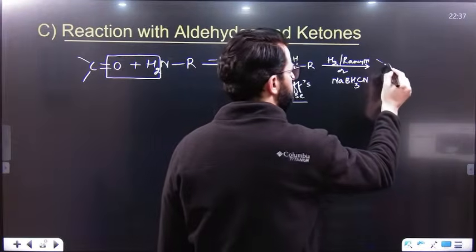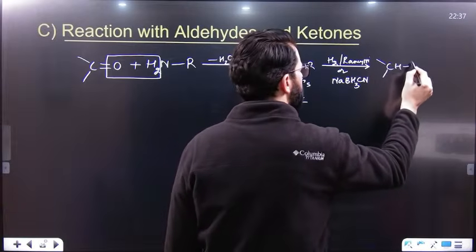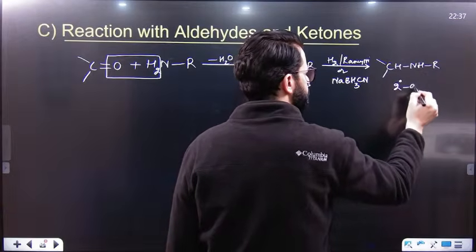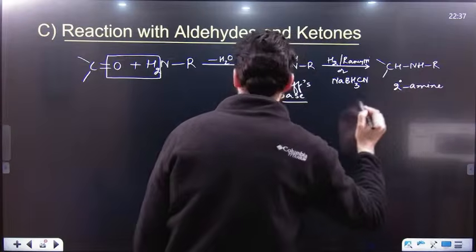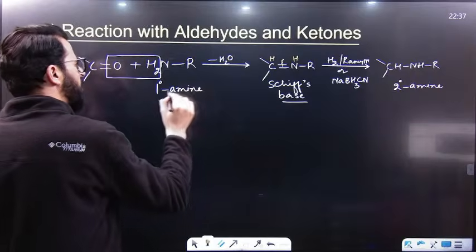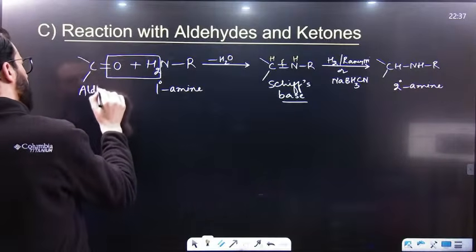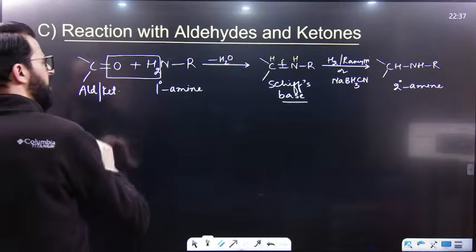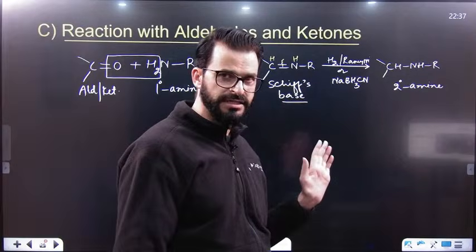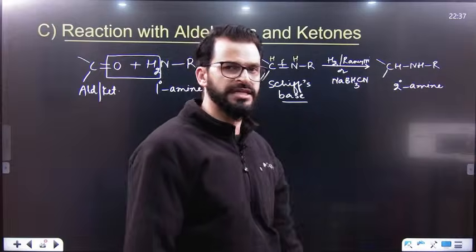So what will be the product? Product will be CH, NH and R. So can I say this is a secondary amine? So whenever a primary amine reacts with aldehyde or ketone, it first results in the formation of a Schiff's base, which upon reduction yields a secondary amine.